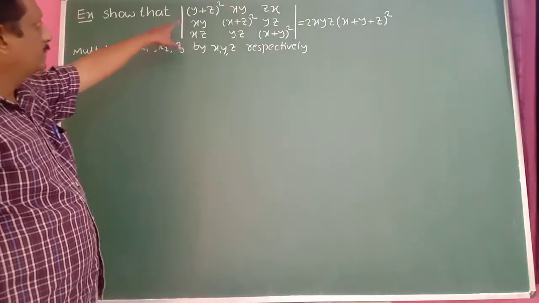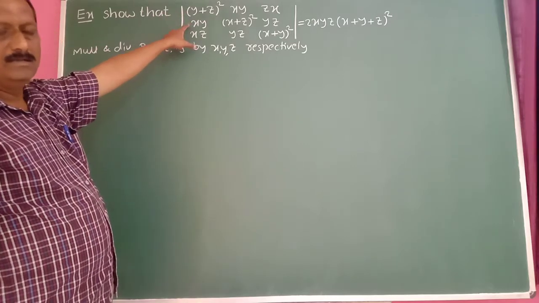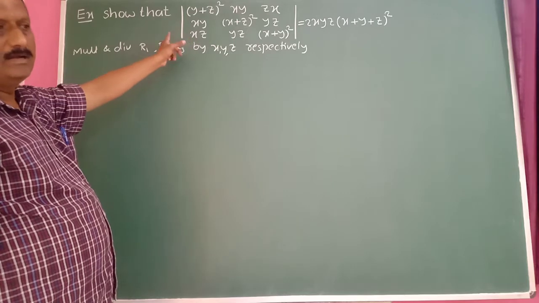If you multiply by x here, you divide by x outside. If you multiply by y here, you divide by y outside. If you multiply by z, you divide by z outside.